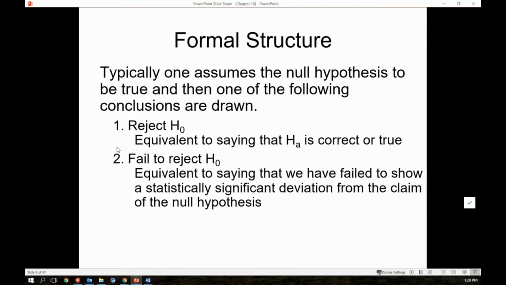So we either reject or fail to reject. Never do we accept. We never say, oh, I accept the null. No, you fail to reject it.